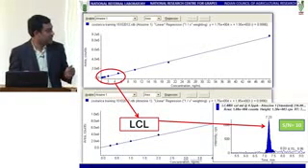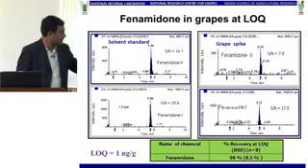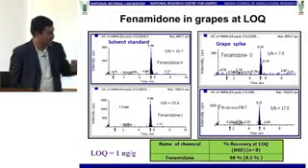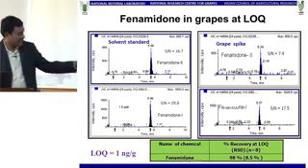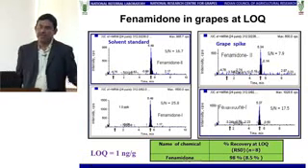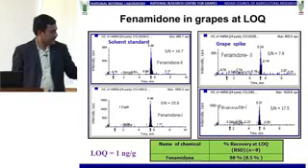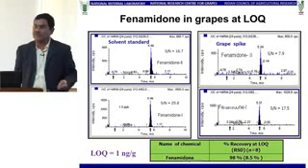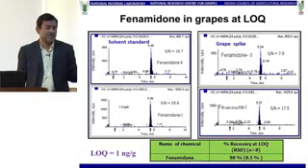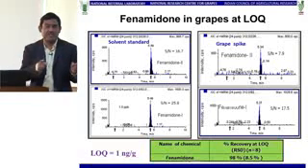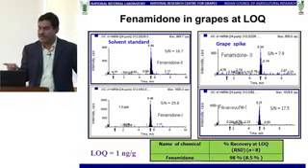For example, here we got a limit of quantification of 1 nanogram per gram. At that particular level, when you do a recovery test, you get recovery of around 98%. This is very important, that your recovery should be within the acceptable range at that level.